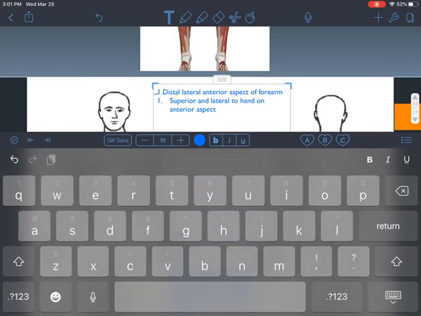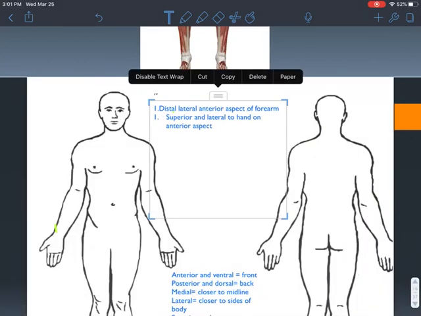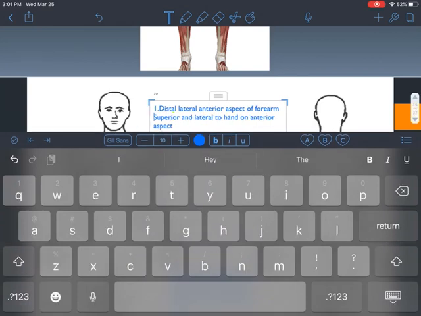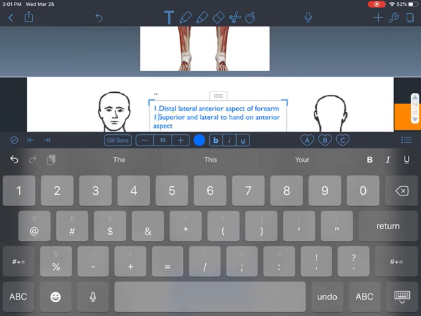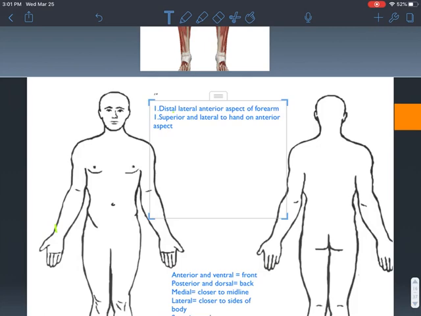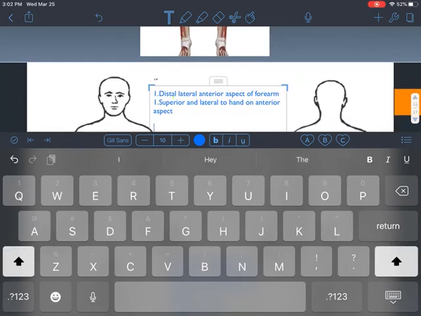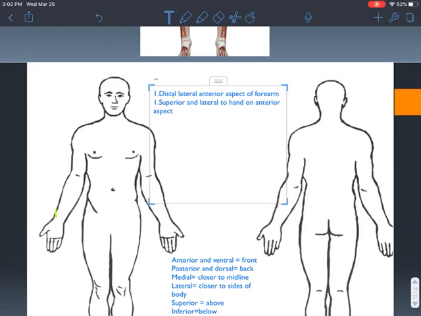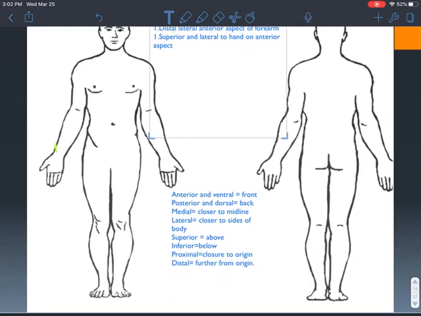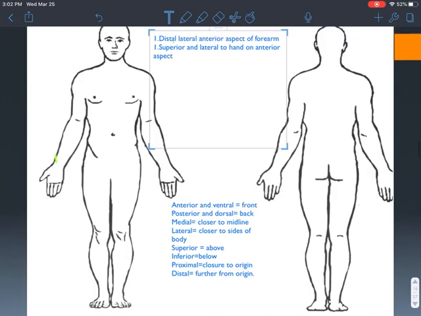I need to move this out of the way. Okay, so there's multiple ways to describe this. And I'll let you guys look at that. Let's do a number 2, and we can do it on the posterior aspect. How about right here?